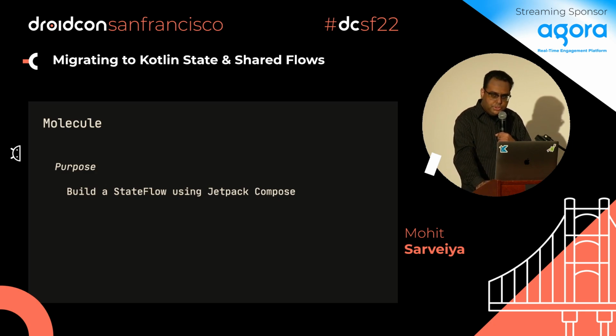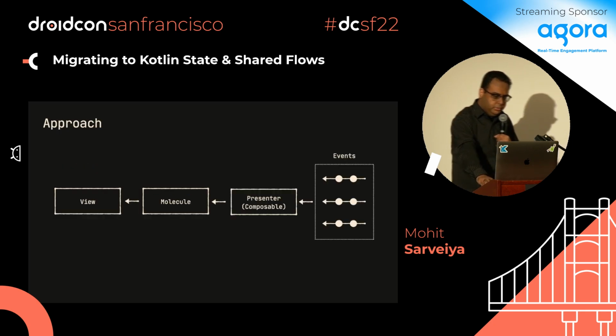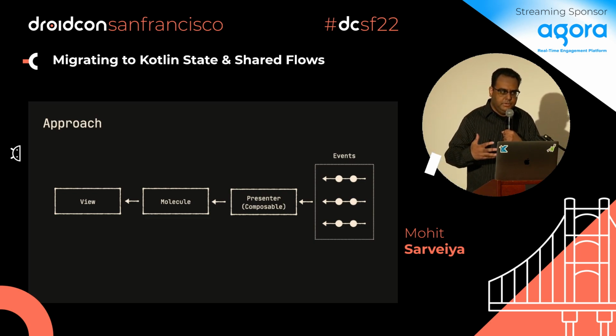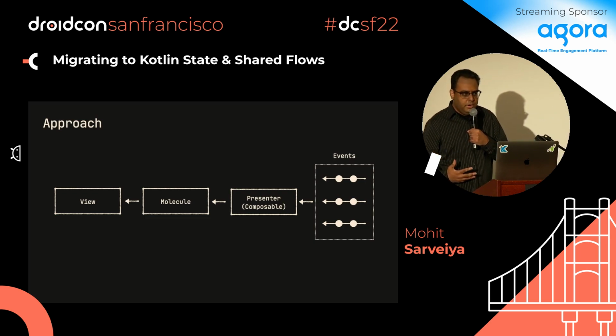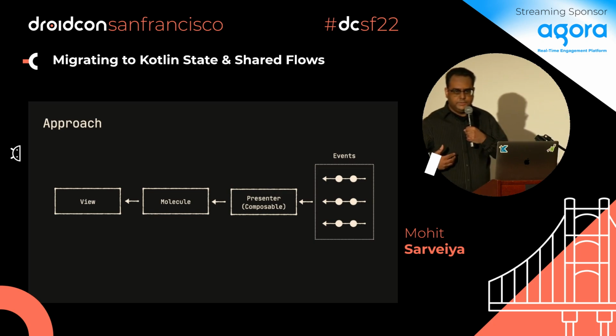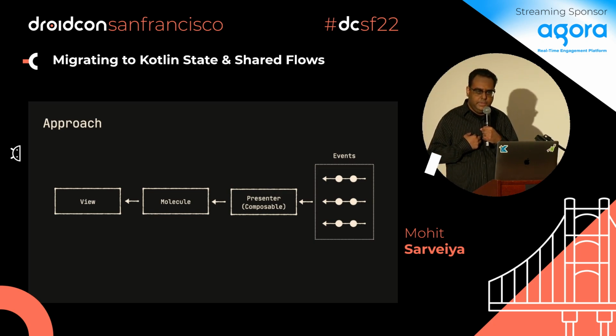So the approach that you would take with this library is this is the approach where you're still combining multiple event flows together. And these event flows could be from the API, from the database, etc. But the difference in this approach is that you're creating a composable function that determines what the UI state is going to be based on what those events emit.